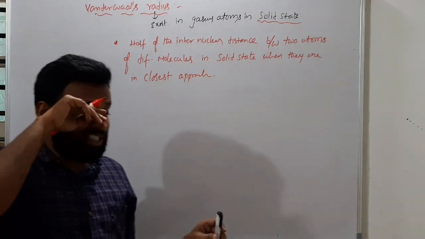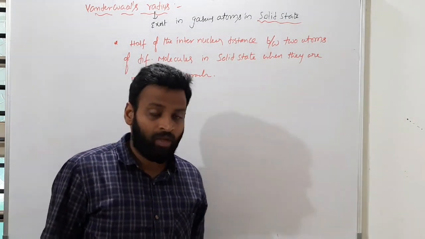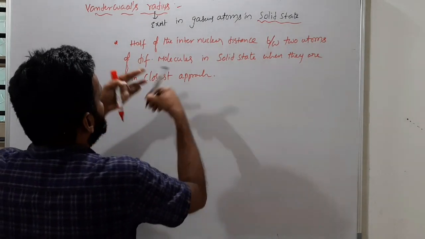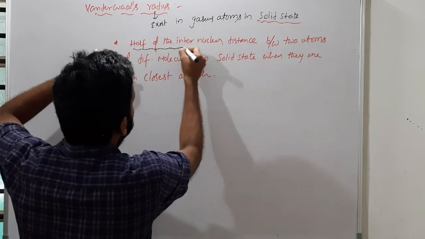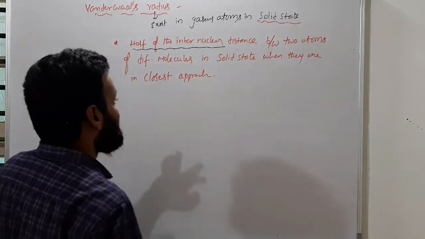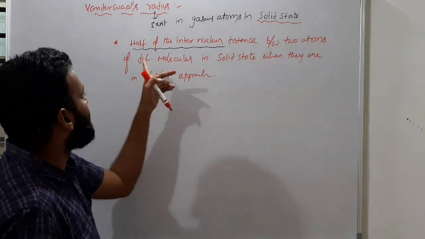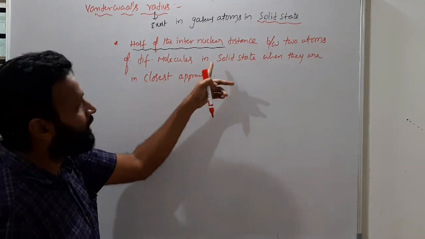When they are in closest approach, what is the nearest internuclear distance? Half of the internuclear distance between two atoms of different molecules.